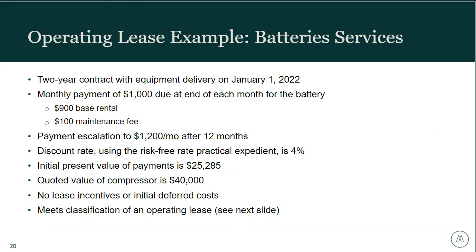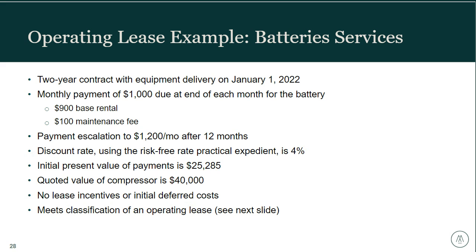So going off of the "is this contract a lease" example, or continuing it, this gives some specifics about the contract. This is a 2-year contract with equipment delivery on January 1st, 2022. There's a monthly payment of $1,000 at the end of each month for the battery.